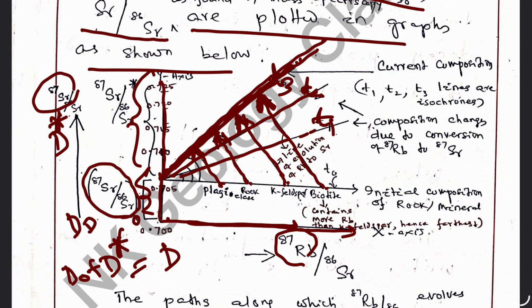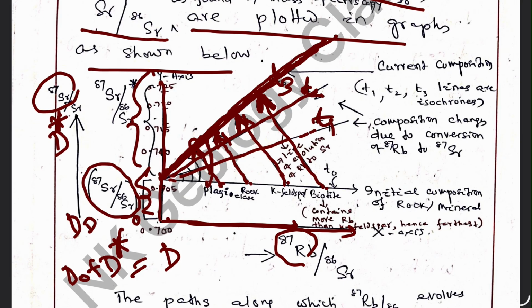And this line that we get by plotting the values of strontium 87 by strontium 86 with respect to rubidium 87 by strontium 86, we get that they lie in one straight line, which is the isochrone, which gives the age of the rock or mineral.